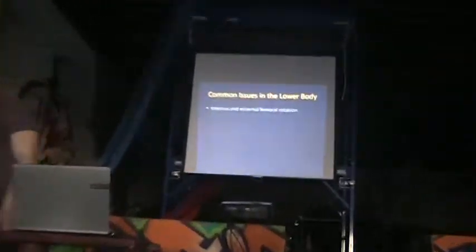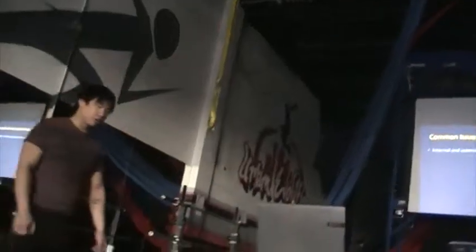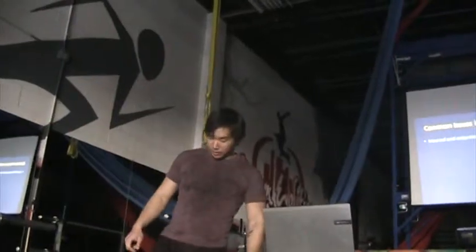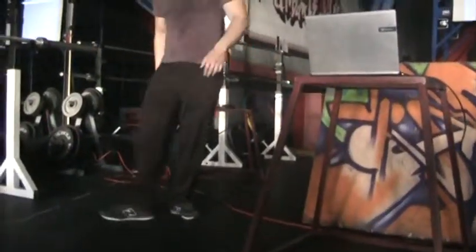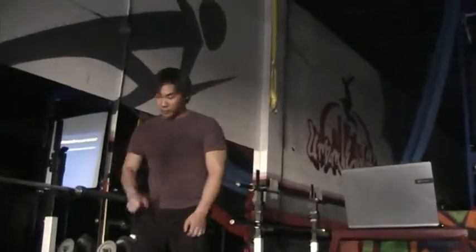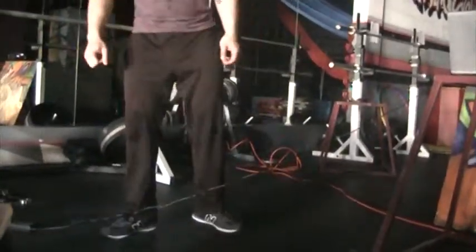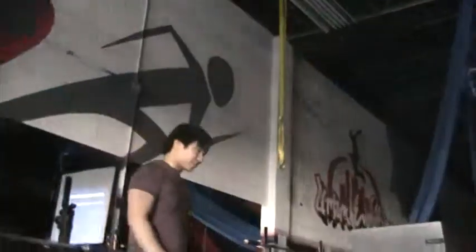Okay, so a lot of times, and you'll notice this in pretty much everyone in this gym, some of these are going to have an internal rotation, a femoral internal rotation, or an external. Which means some of these are walking around like this, or occasionally you find some really strange people who walk around like that.